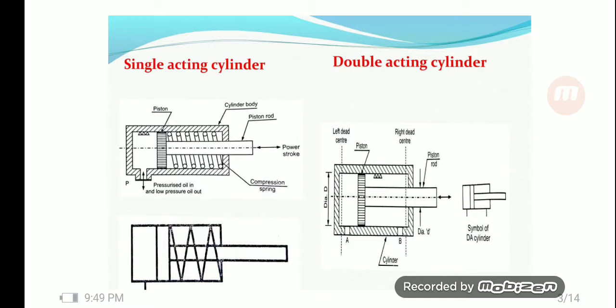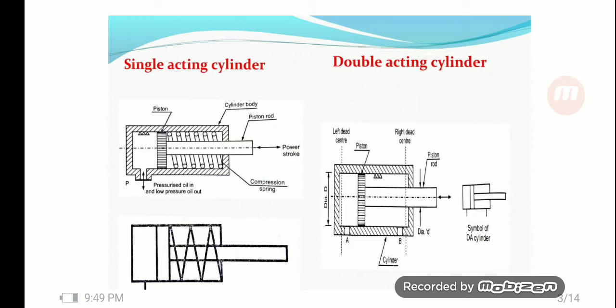When pressurized air is inserted from port A, the piston starts moving in the forward direction, and the force is applied or any kind of job is performed in the forward direction. When we want the piston to move in the reverse direction in a proper or restricted manner, port B is connected to the supply while port A is connected to the tank.